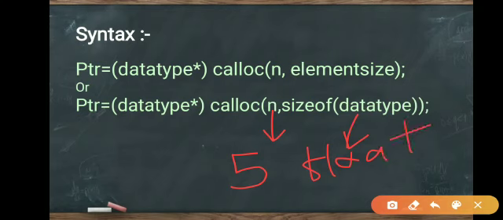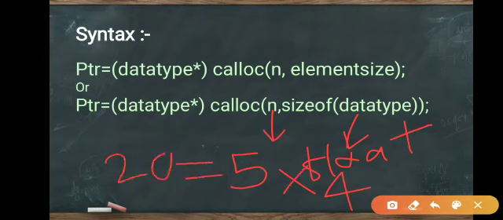What is the size of float? That is 4. And then the size will be 4 into 5, that is 20. These 20 bytes will be typecasted by this data type, and the whole value will be returned to this pointer, and this pointer we can then access as per what we have to do.